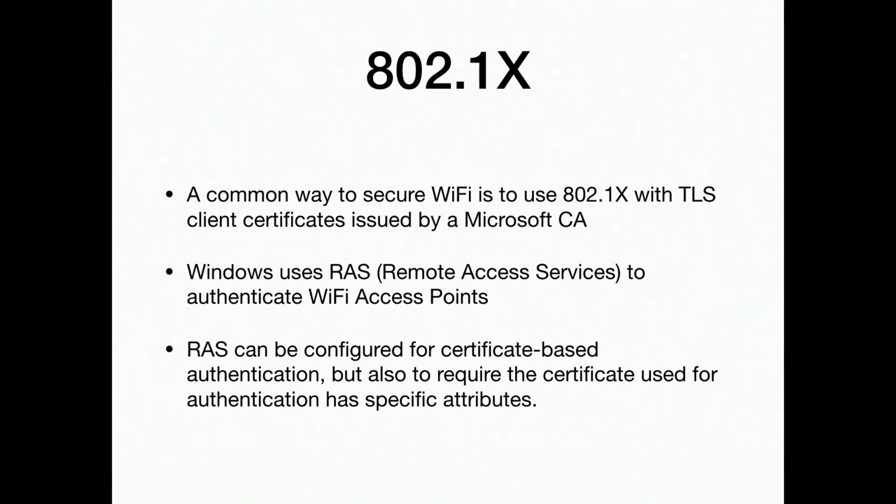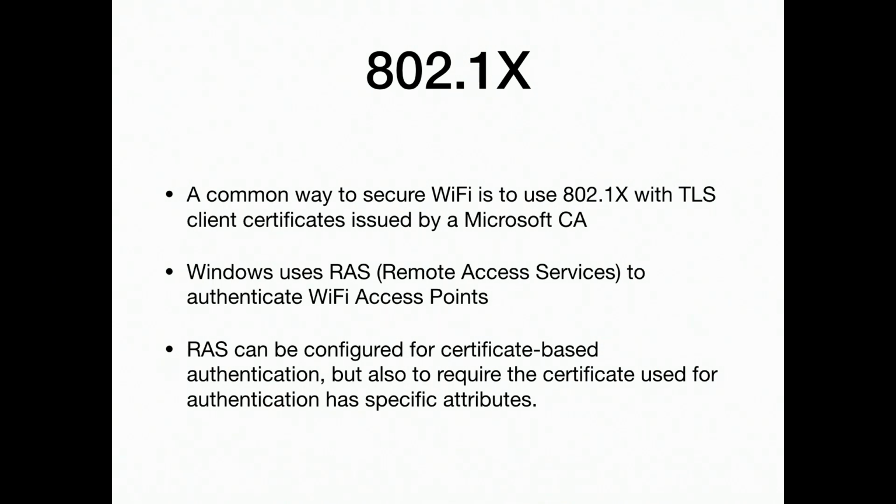So Windows usually uses remote access services or a network policy server to say how you authenticate. So it's all Microsoft infrastructure on the back end. If it's not, it's a RADIUS server doing similar things. Remote access services or its ilk can be configured for certificate-based authentication, but not just that.